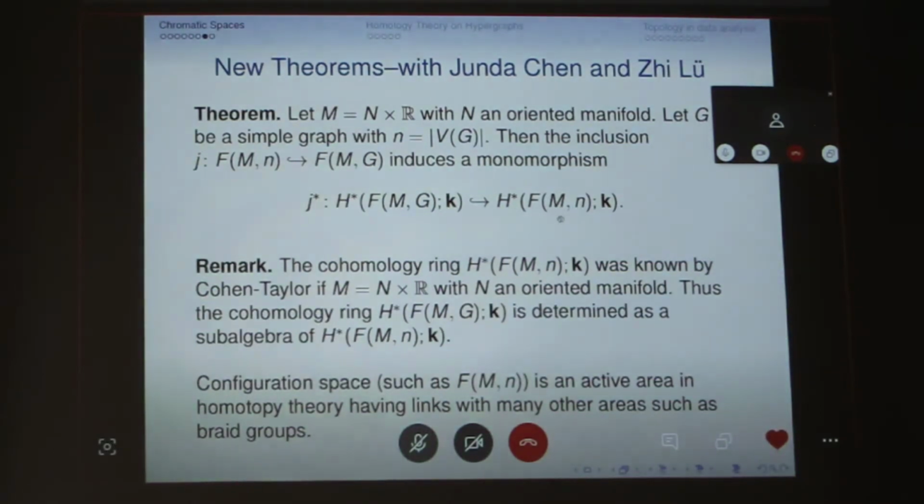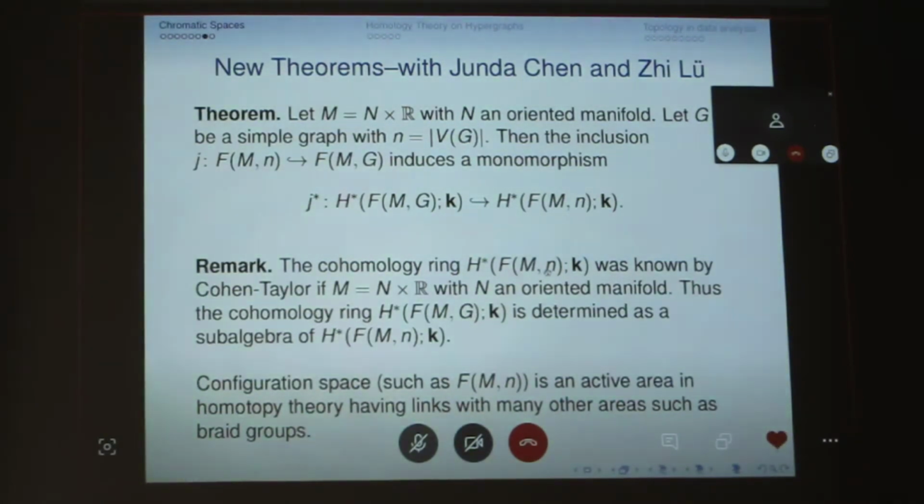On the right hand side, there's a classical work done many years ago, I forgot how many years, by Dragomanov and Euler. They determined that the cohomology ring of this one is known. So we can describe the cohomology ring of the geometric space as a sub-element of the cohomology ring of a Cohen-Taylor-like algebra given in this way.